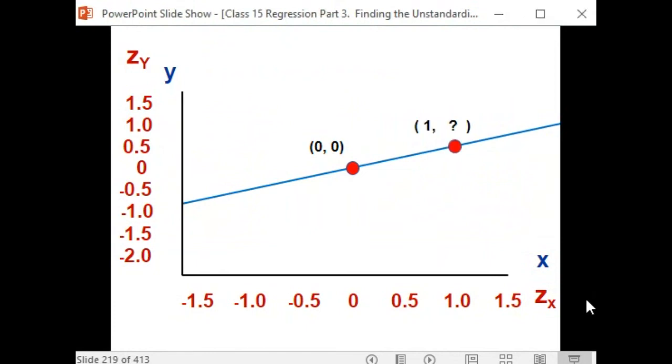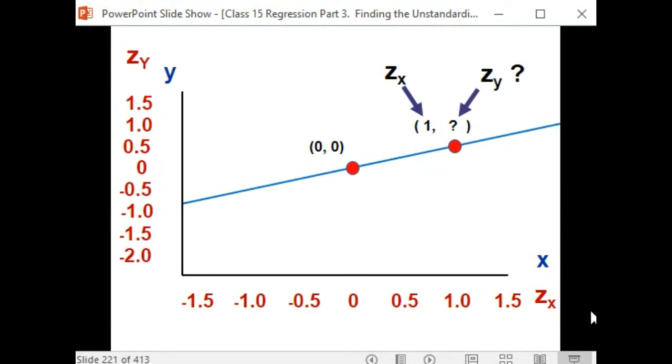Okay, now next, we're going to need a second point. So let's use a nearby point. Its first coordinate is 1. That is, the z of x is equal to 1. So it's pretty close to the point of averages. Now, we don't know what the z of y is here.